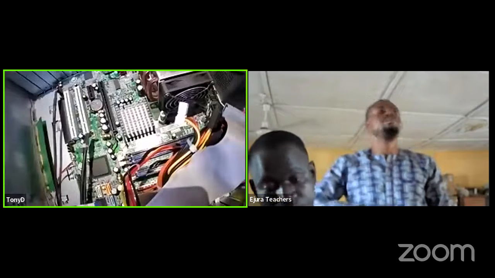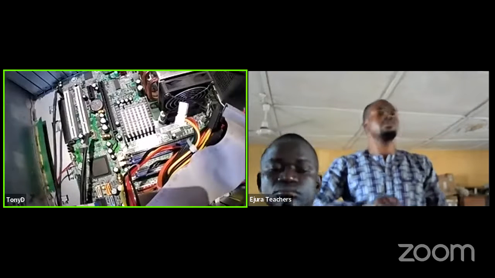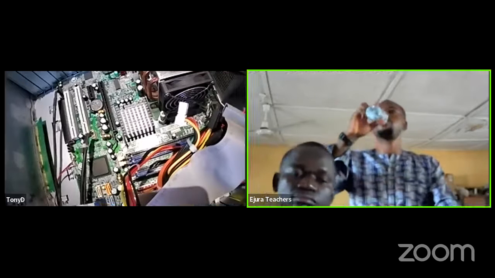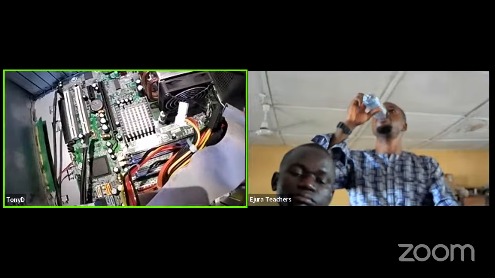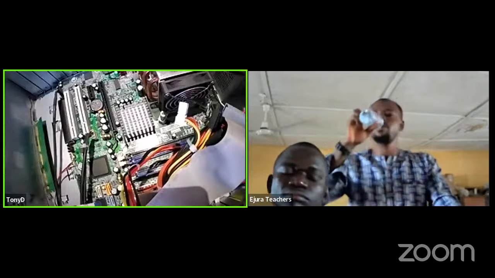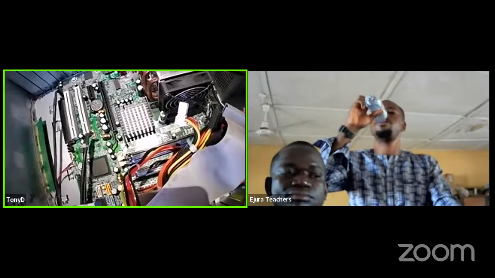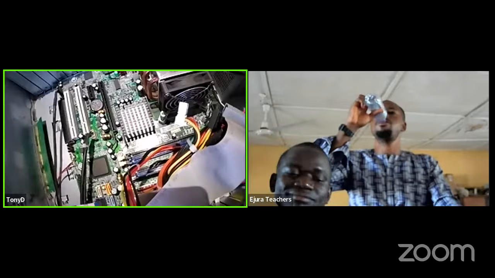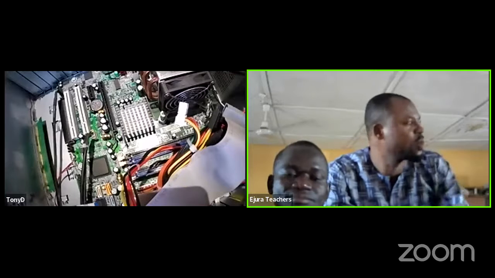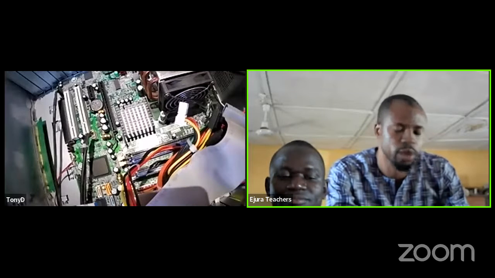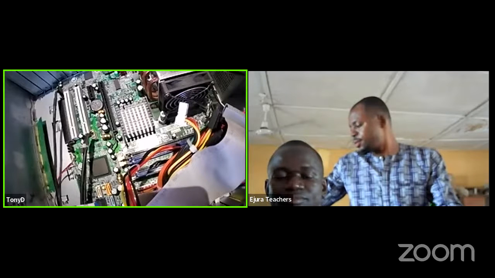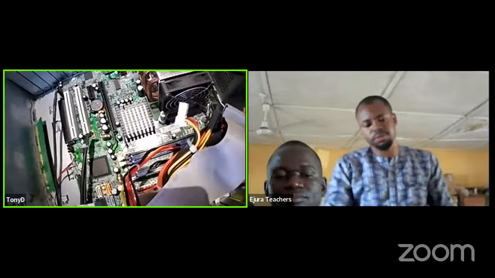What is the work of the CPU? Somebody can go ahead and tell me what is the work of the CPU. So first of all, what is CPU?